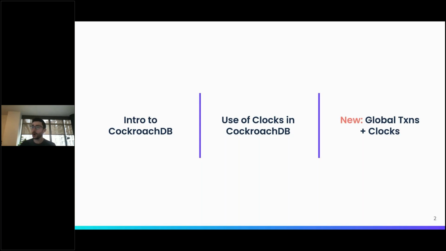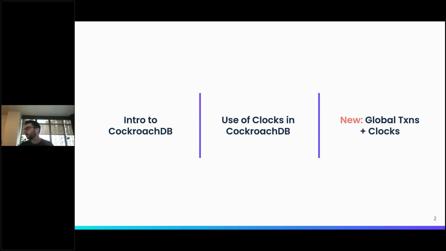So for this talk, here's the schedule. We're going to start with an introduction to Cockroach, because I know it may be new to some of the audience here. We'll then go into a discussion on the use of clocks and clock synchronization within Cockroach, and kind of the areas in which CockroachDB has always used clocks to power its transaction model.